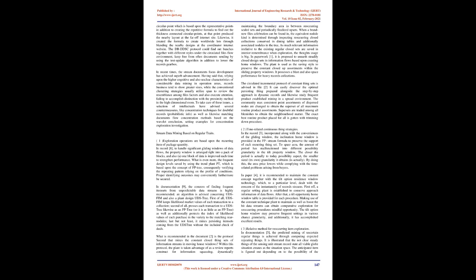When a new record's event comes in, the corresponding node type is determined by checking frequent closed sets saved in tables and associated nodes in the tree. As much relevant information irrelevant to the existing frequent closed sets is saved in internal memory when mining, the memory usage is large.